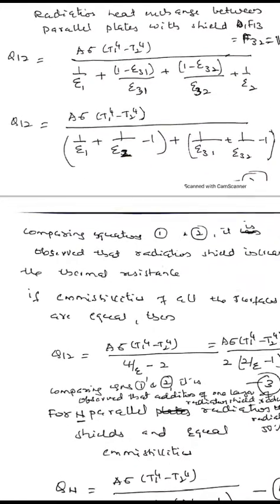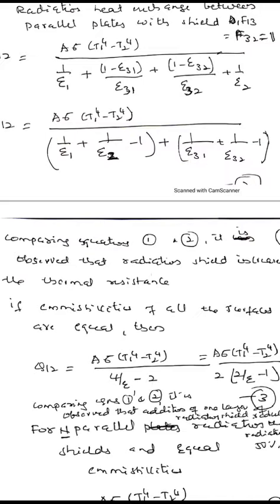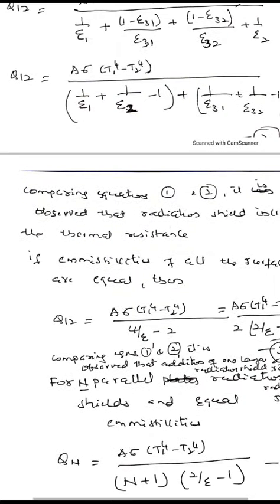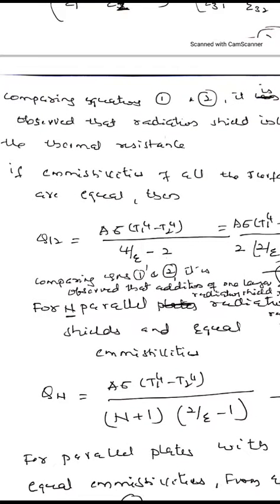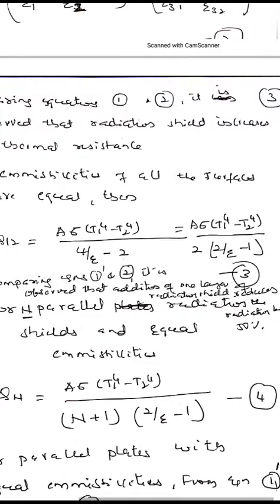Now, taking all emissivities to be equal, emissivity of 1 equal to emissivity of 2 equal to emissivity of 31 equal to emissivity of 32 equal to epsilon, we get Q12 equal to A sigma (T1 raised to 4 minus T2 raised to 4) divided by (4 by epsilon minus 2), which is equal to A sigma (T1 raised to 4 minus T2 raised to 4) divided by 2 times (2 by epsilon minus 1).